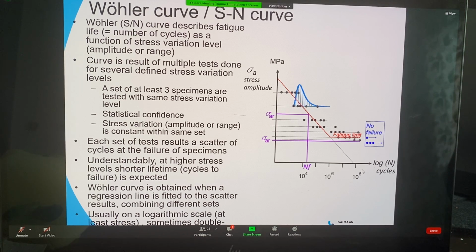And the reason is that these differences between the lifetimes, meaning the number to failure, are so big that if we would put this into a linear scale, it would be very difficult to read. So almost always it's described in a logarithmic scale, at least for the cycles, sometimes also for the stress amplitude, but at least for the cycles it's logarithmic.